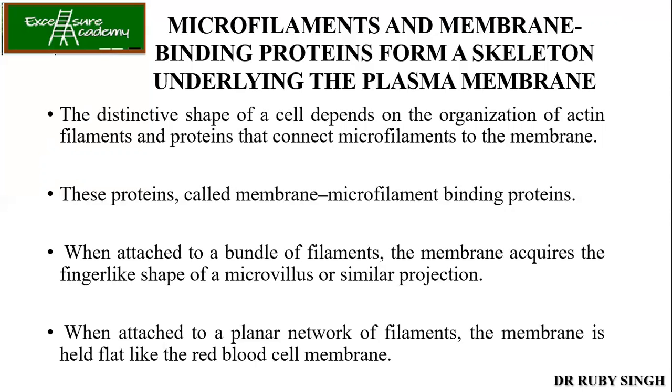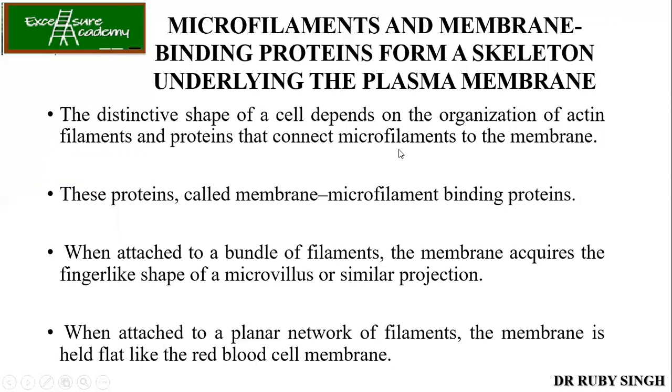All of those are called membrane microfilament binding proteins. When they are attached to bundles of these filaments, the membrane acquires the finger-like shape of microvilli or similar projections. If these proteins are not present and the filaments are planar, then it becomes a flat surface, as is present in the RBC.